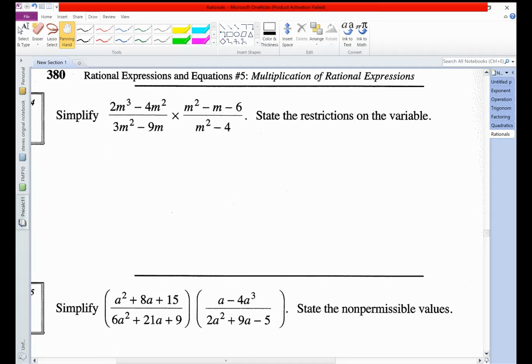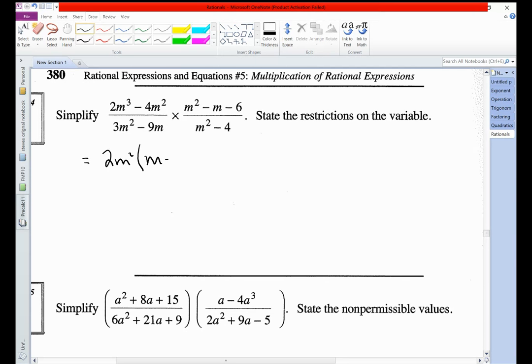I have 2m cubed minus 4m squared, all divided by 3m squared minus 9m, all multiplied by m squared minus m minus 6, divided by m squared plus 4. So let's just rewrite this and let's factor all the terms. So top left, we can pull a 2m out, or 2m squared actually.